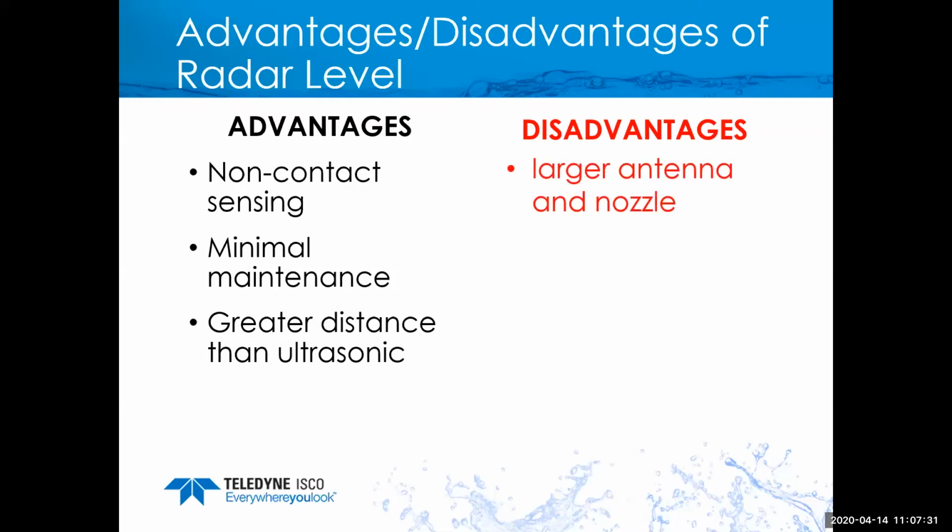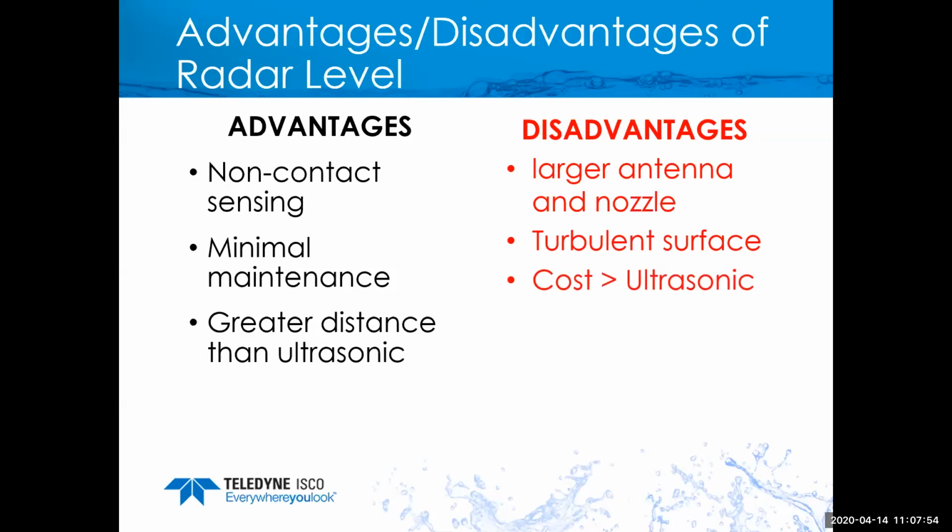Now, the disadvantages is that it has that large nose or antenna on there. So that's going to require more space depending on your application to install it. Surface turbulence, it has the same issues that you would see with an ultrasonic sensor. It likes to have a nice smooth surface to get the best return signal.